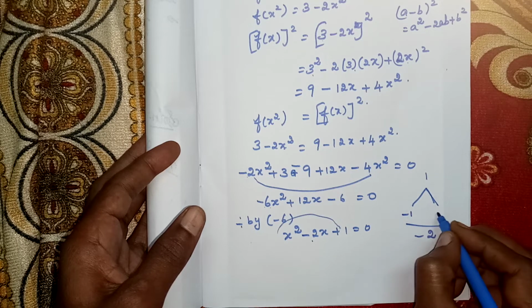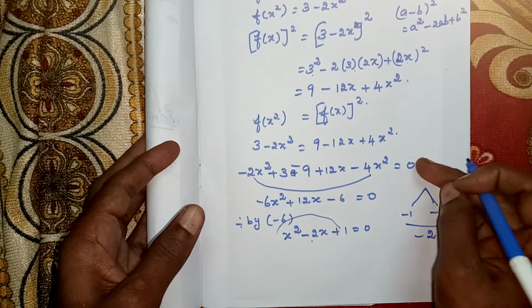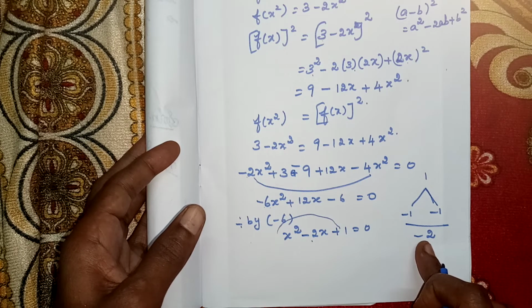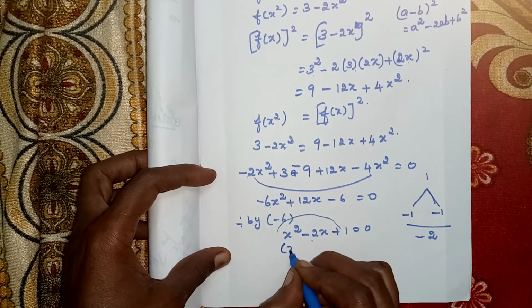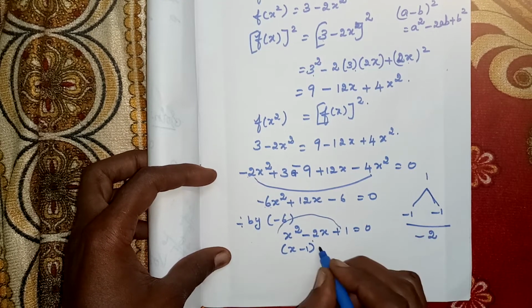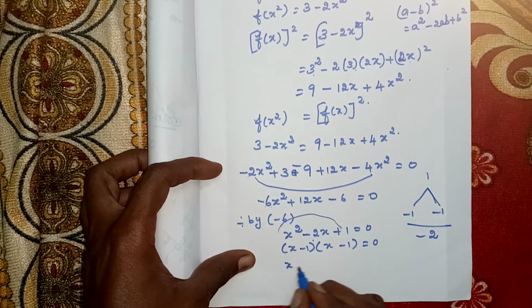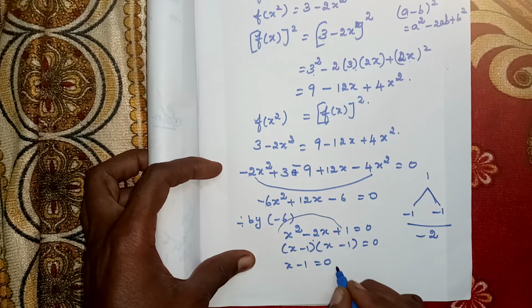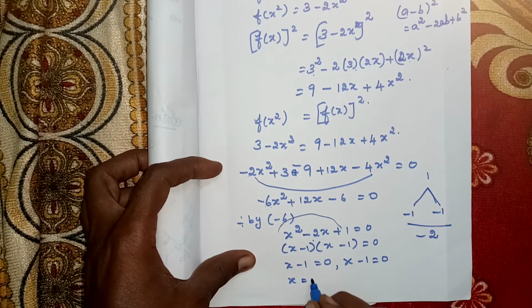Here minus 1 into minus 1, multiplying gives 1. Adding, minus 1 plus minus 1 is minus 2. So we can write x minus 1 into x minus 1 is equal to 0. x minus 1 is equal to 0, x minus 1 is equal to 0. So x is equal to 1.